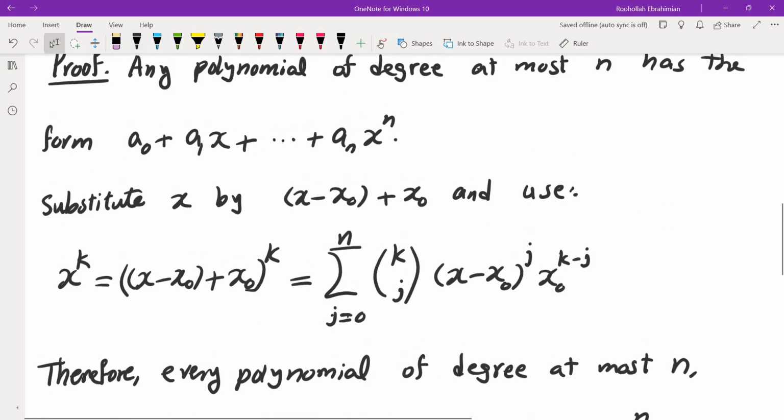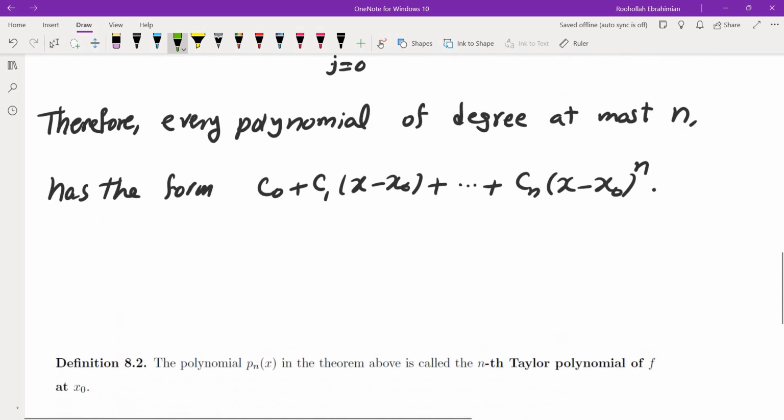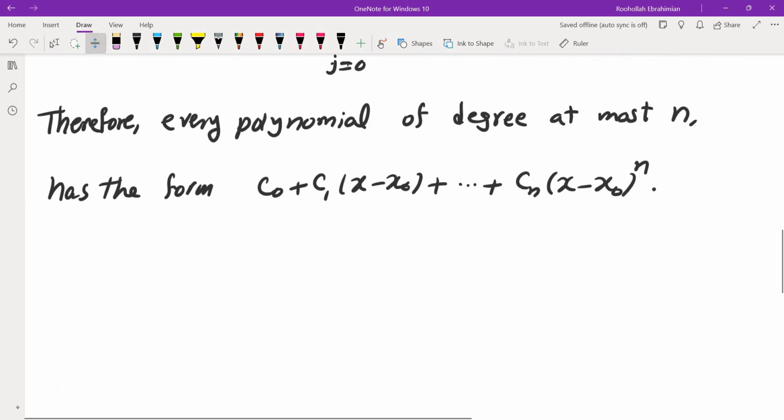When you substitute x to the power of k by this quantity and then expand it, you get a bunch of x minus x0 to different powers, starting from constant all the way to x minus x0 to the power of n, which means every polynomial of degree at most n would have this form.